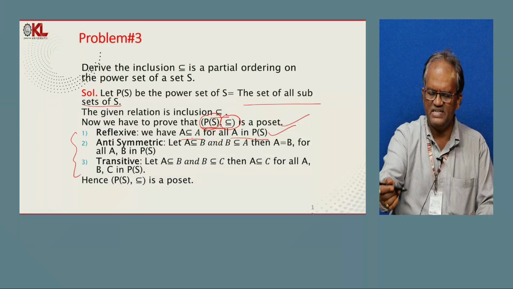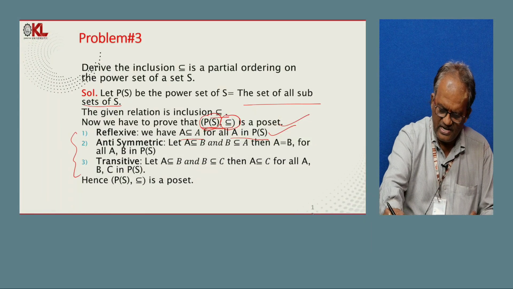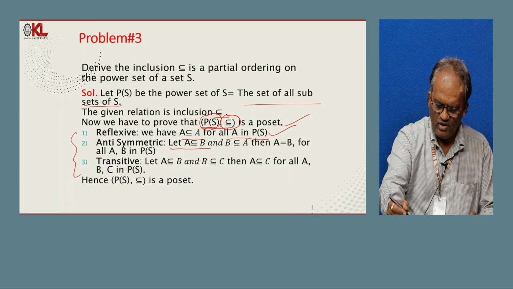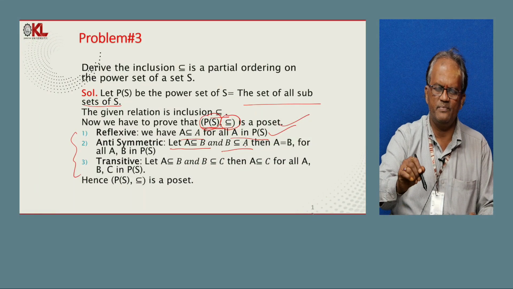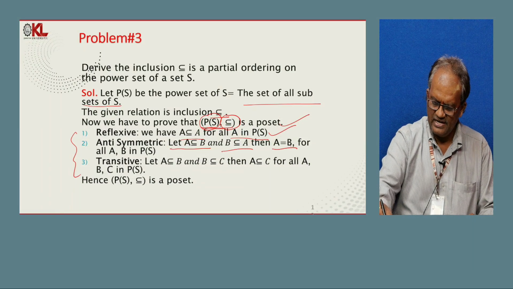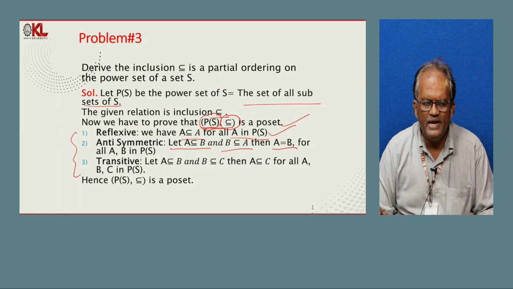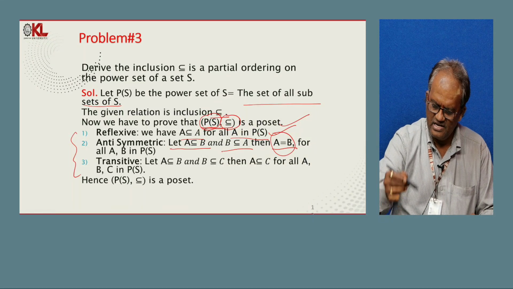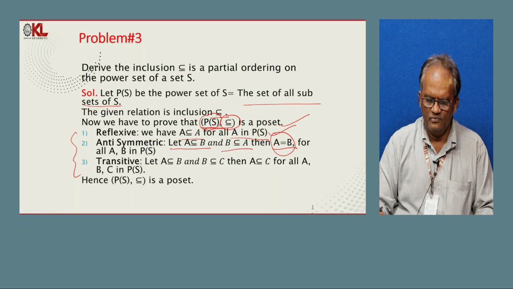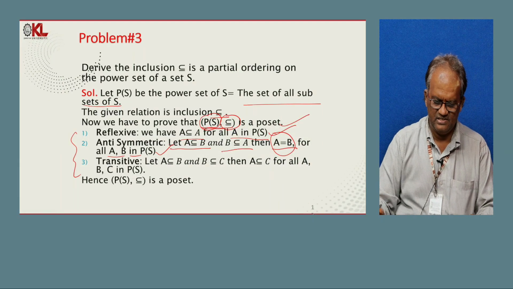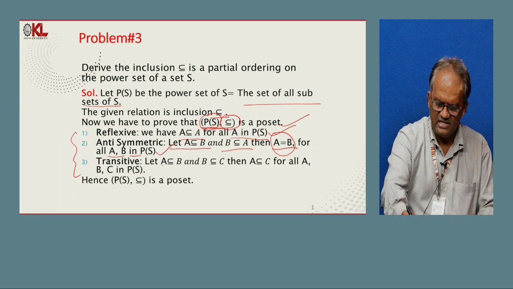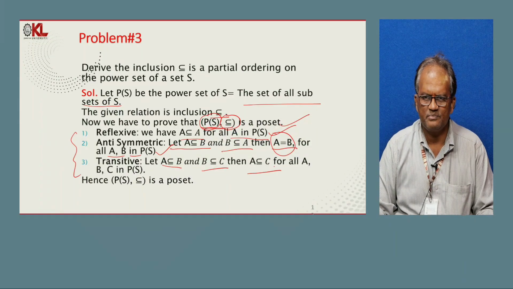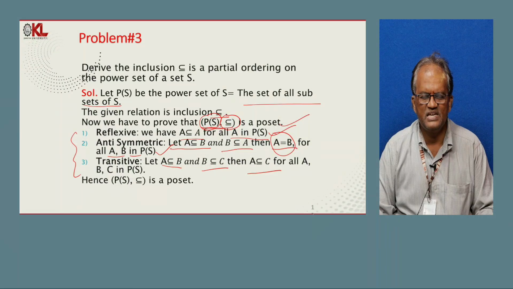Every set itself is a subset, that's why A is a subset of A for every A. Antisymmetric, as you already know: if A is a subset of B and B is a subset of A also, then in set theory equality must exist, A is equal to B, for sets A, B in the power set of S. Now the transitive property: A subset of B and B subset of C, then automatically A is a subset of C for all A, B, C in the power set.